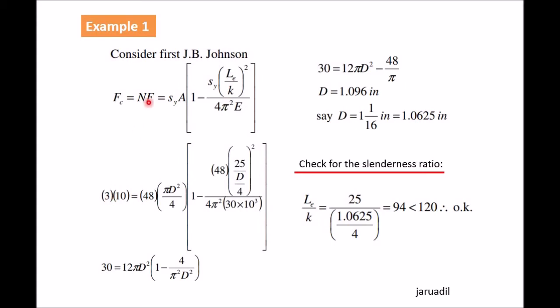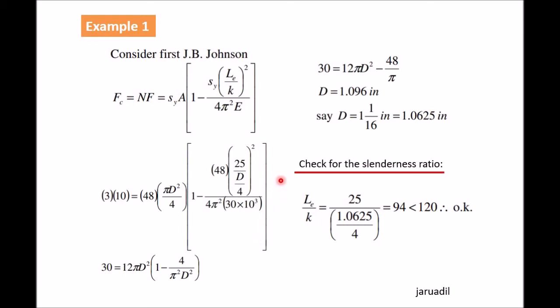N is equal to 3, F is 10 kips, S_Y is 48 ksi, this is your A, pi D squared over 4, then 1, S_Y is 48 again, L_E is 25 inches, K is D over 4 squared, divided by 4 pi squared, 30 times 10 raised to 3, this is E. In solving this equation, you have to be careful with the units. Because if you make a mistake in the units, your answer will also be wrong. You should have consistency of units.